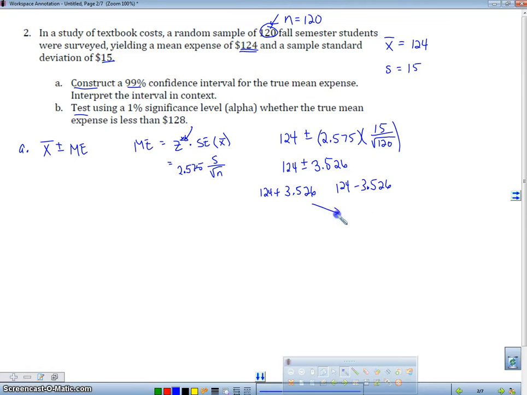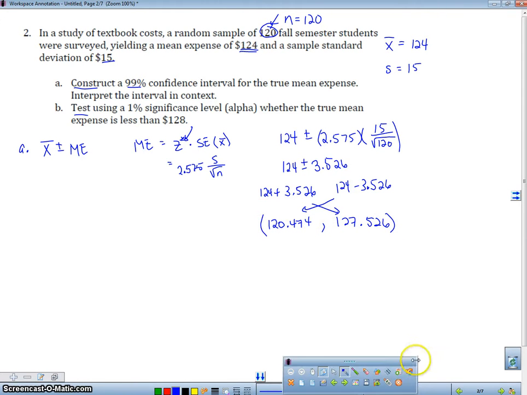Okay, so let's switch these around here. 127.526 and 120.474, and there's our confidence interval.